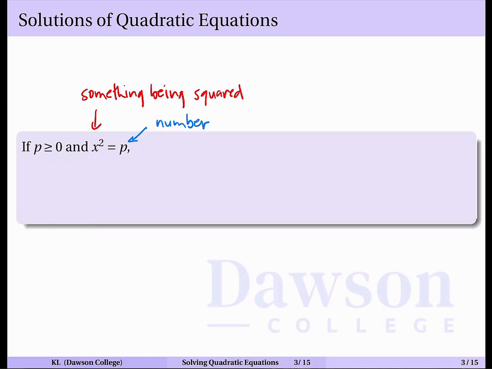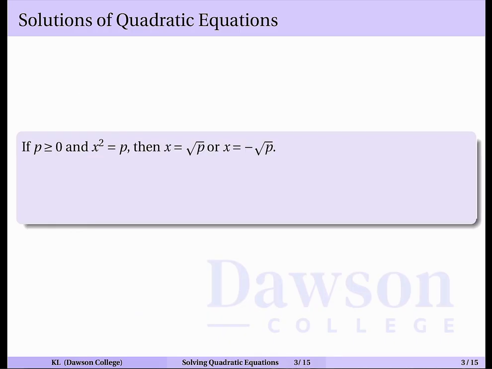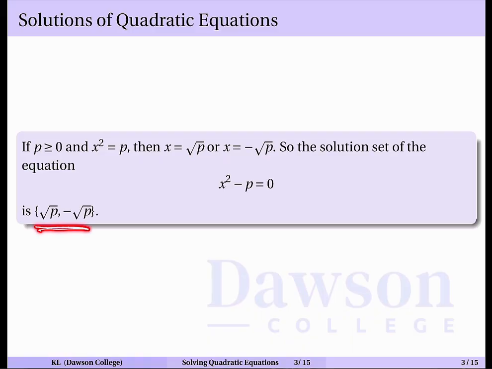To be more precise, a positive or equal to 0 number, a number that is greater than or equal to 0. If this is your equation, then your solutions are the following. Your x is equal to square root of p, or x equals negative square root of p. So you will get two solutions for this equation. In solution set form, your set will contain square root of p, comma, negative square root of p.